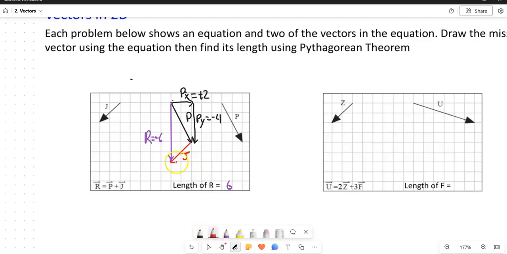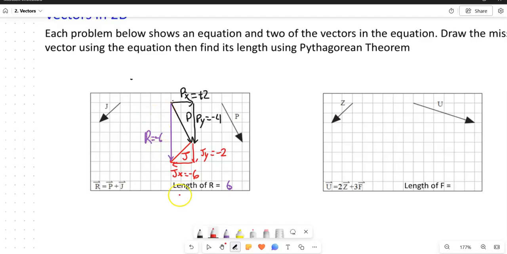In the x direction, we have a j in the x direction that is -6, and we have a j in the y direction that is -2. So those are going to be important to figuring out the total hypotenuse of this.